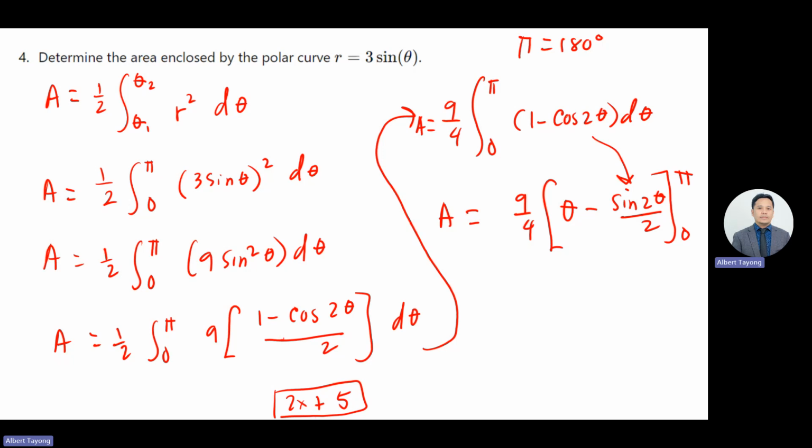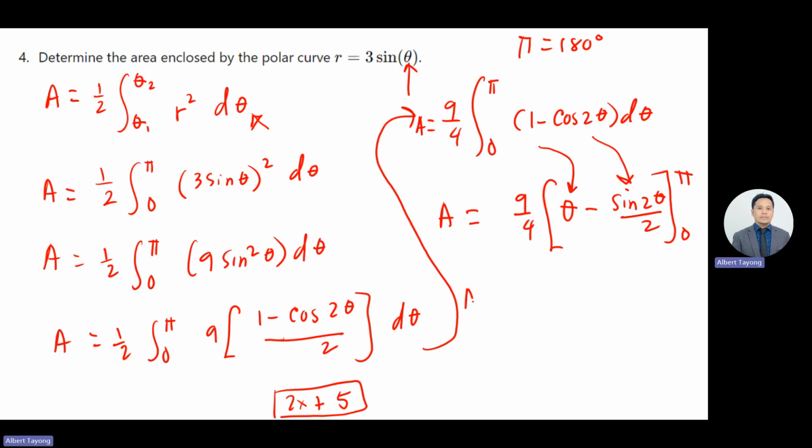Here we are not using x. Instead of x, we're using theta, because we have 3 sine theta. Or 1 theta, or 1x if this is x here. And the integral of cosine 2 theta is sine 2 theta over 2 because of the 2 here. So we have to divide by 2. Please remember that.